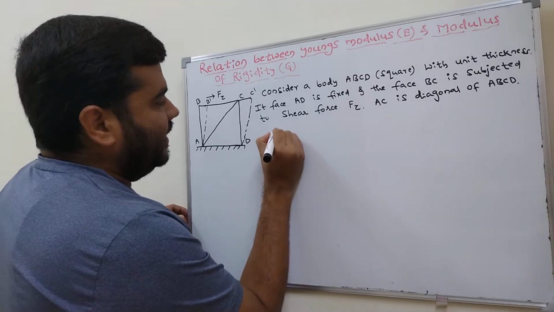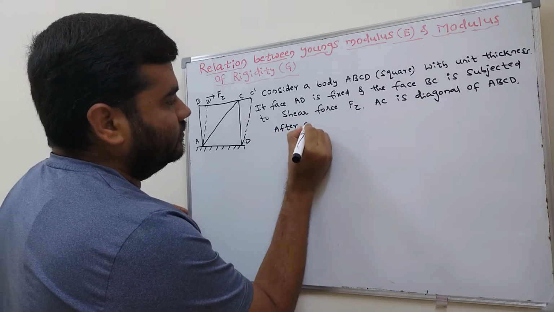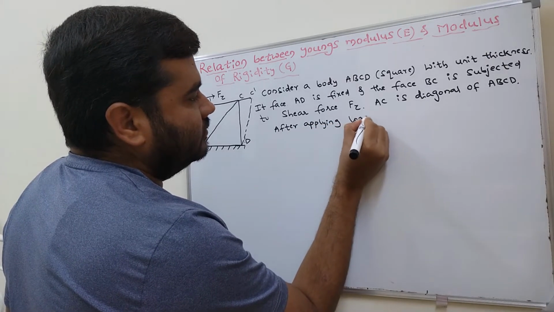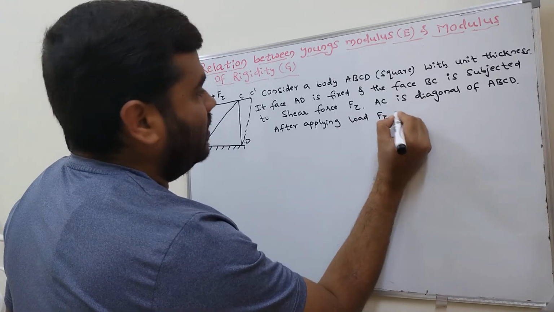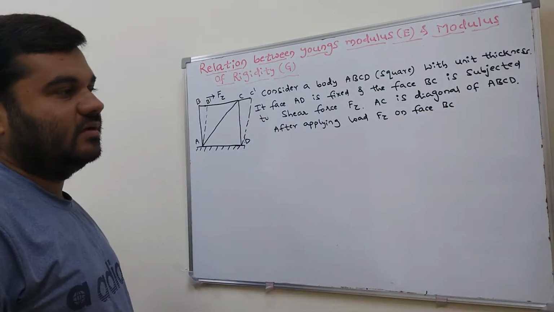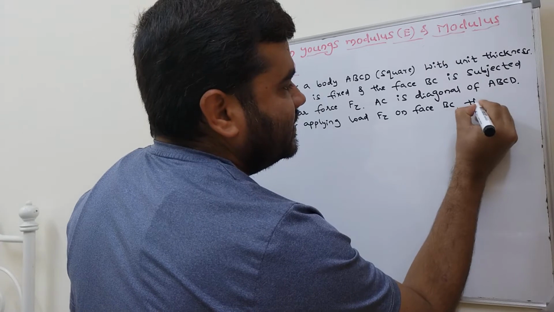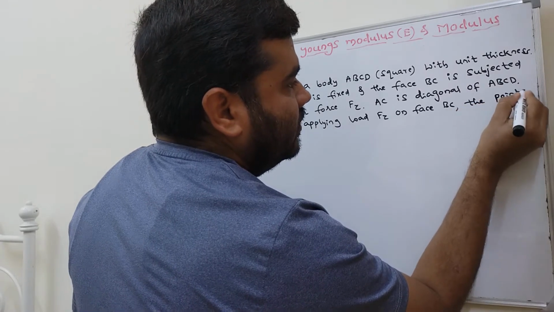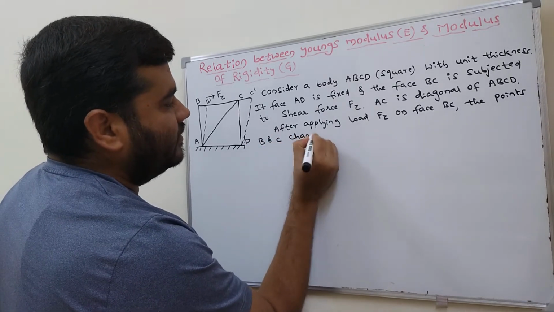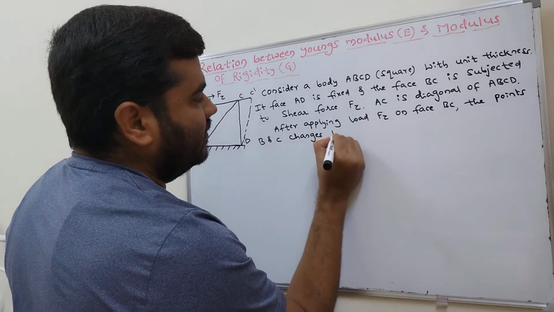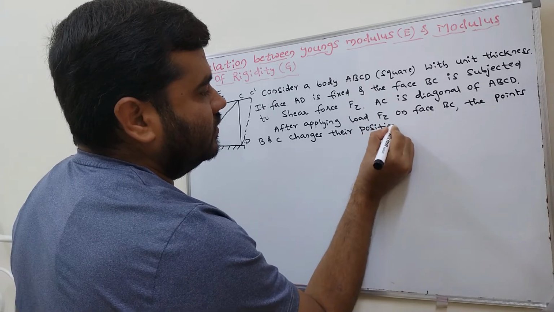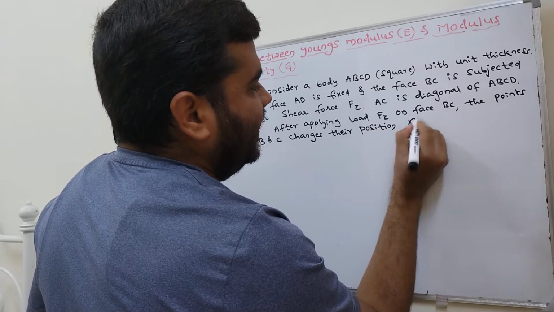Next, after applying load F tau on face BC, the points B and C change their positions to B dash and C dash.